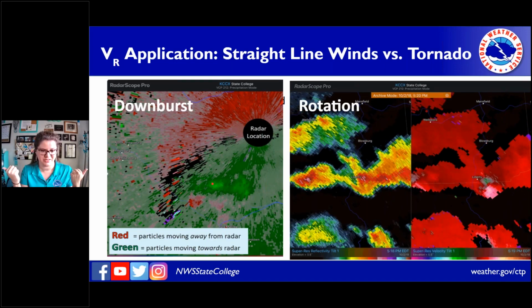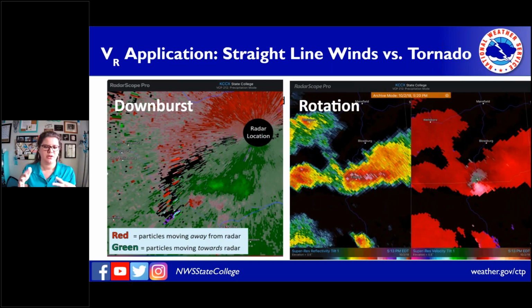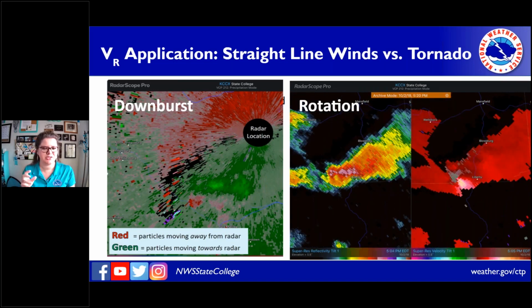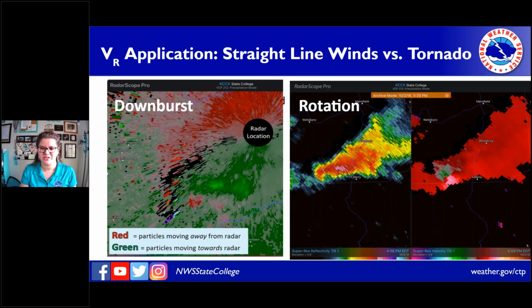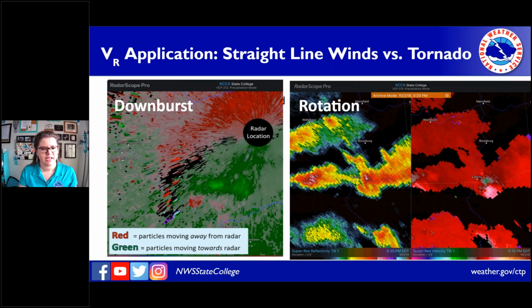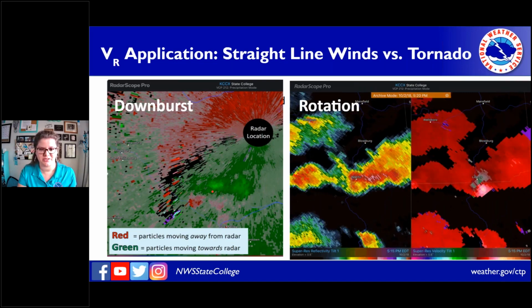It's not rotation. You really need to be able to place your rotation, or suspected rotation, relative to where the radar is to be able to actually determine if it is rotation or if you're just looking at a downburst. Conversely, if the colors were flip-flopped, you might actually see convergence.